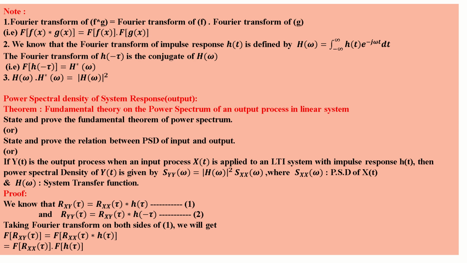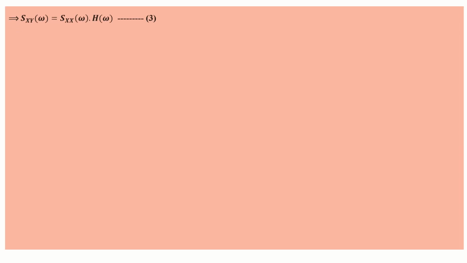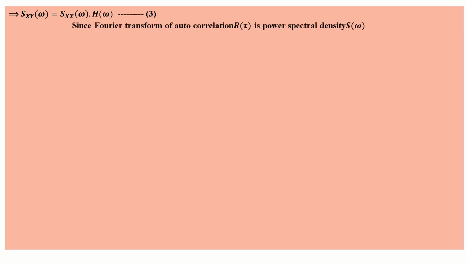Using the convolution property, we split it into the Fourier transform of the first one, Rxx of tau, times the Fourier transform of the second one, h of tau. So this implies Sxy of omega is equal to Sxx of omega times H of omega. That is equation number 3.